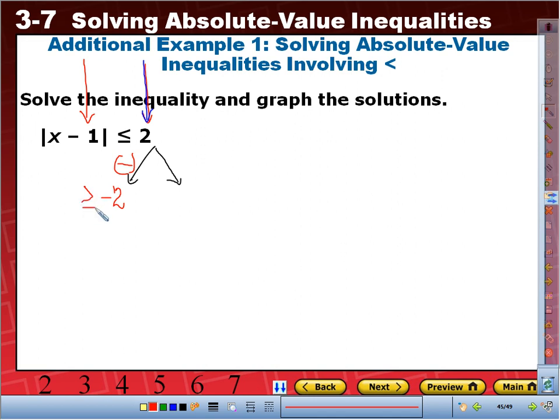We change the symbol. This stays the same, so I'm going to rewrite that as x minus 1. And then from there, I'm going to write my positive side. The 2, it's a positive, stays a positive, so pretty much I rewrite everything. X minus 1 less than or equal to 2, the same, except for the absolute value symbols, right? Okay, copy that, please.